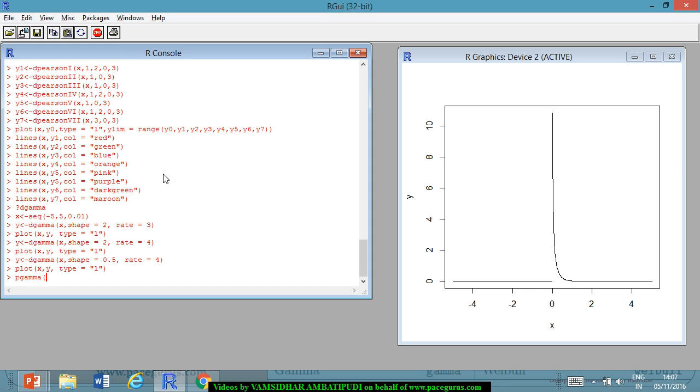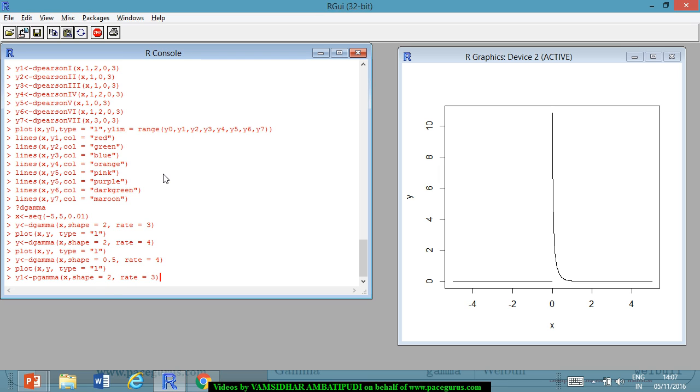Similarly, if I am going with pgamma, it is giving me the cumulative distribution function, right? So probably let's use y1 as pgamma. So instead of density, it is giving me cumulative distribution. So we'll take x, the same shape equal to 2 and rate equal to 3.